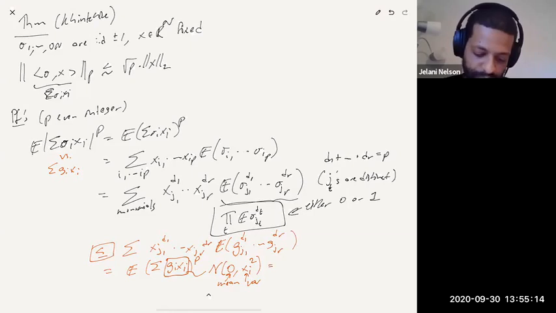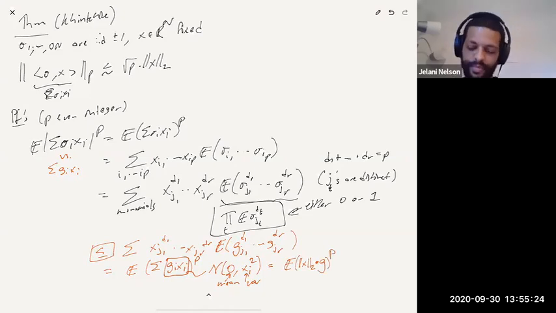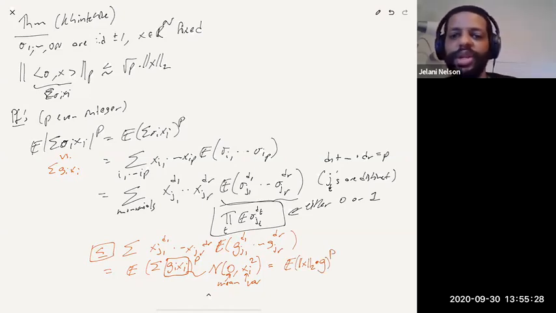So this is equal to the expectation of the L2 norm of x times just one Gaussian to the p. And then you can look up what the pth moment of a Gaussian is, and you'll get something that is at most root p to the p.